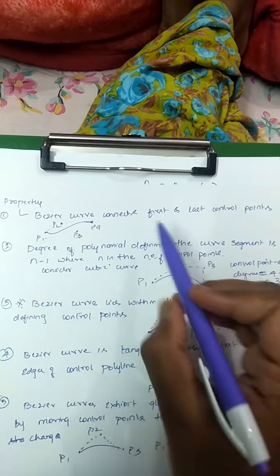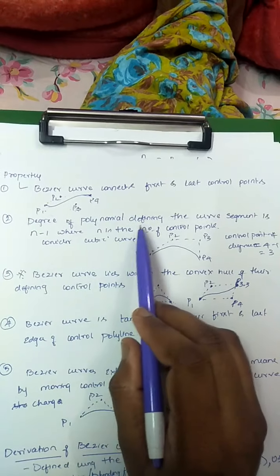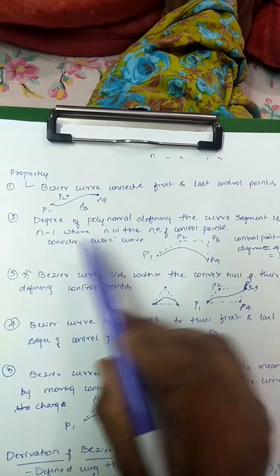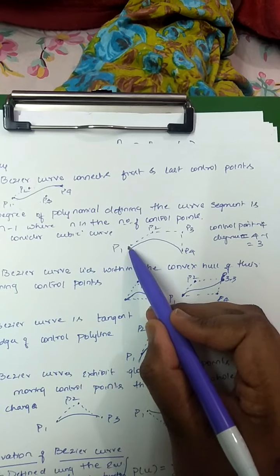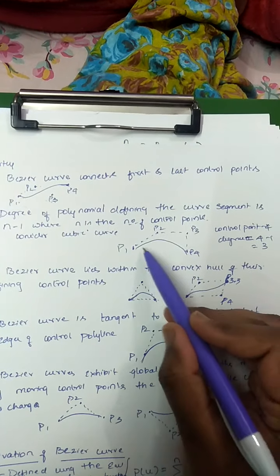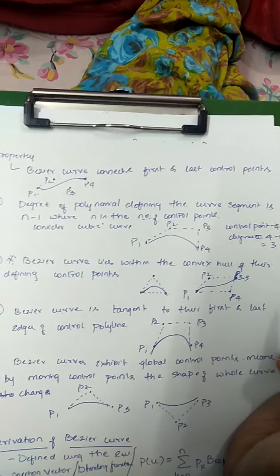The degree of the polynomial defining the curve segment is n minus 1, where n is the number of control points. This we have seen, wherein we assume we have 4 control points. The degree will be control points minus 1, that is 4 minus 1, 3.